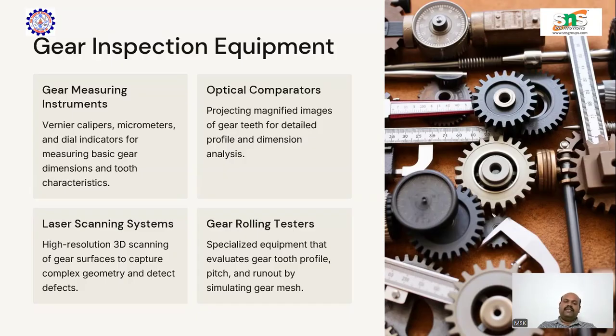One is the gear tooth vernier and micrometer, dial gauges, and we have comparators that will not measure, but will tell whether the components are okay or not okay. And we have laser scanning systems where very small items are projected through a laser and the dimensions are measured. And gear rolling testers we have seen in the previous slide.